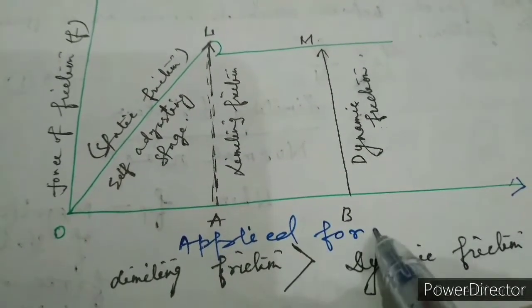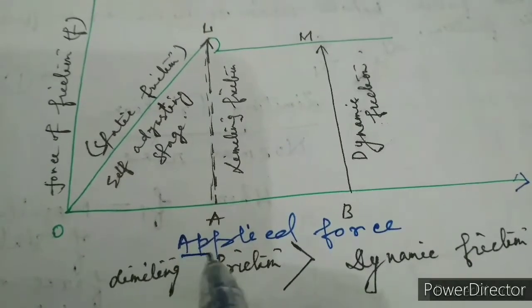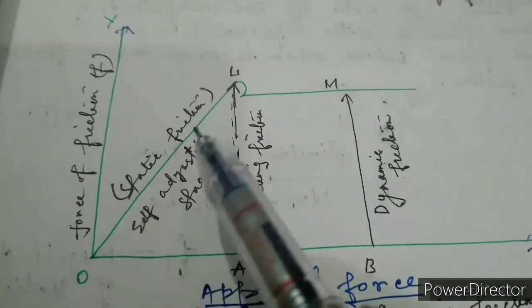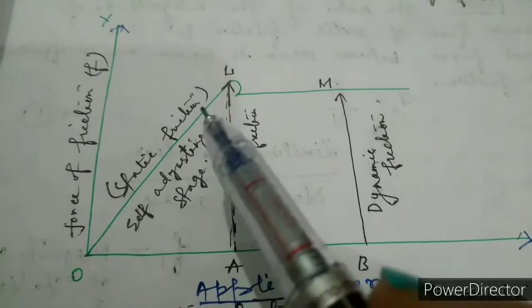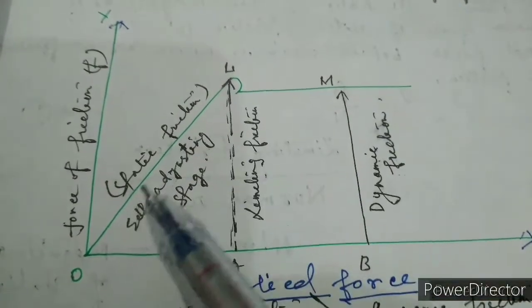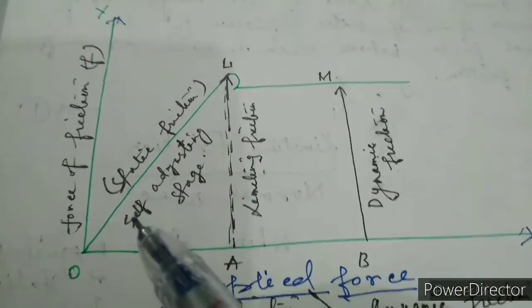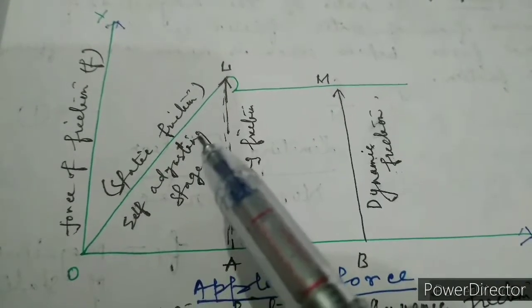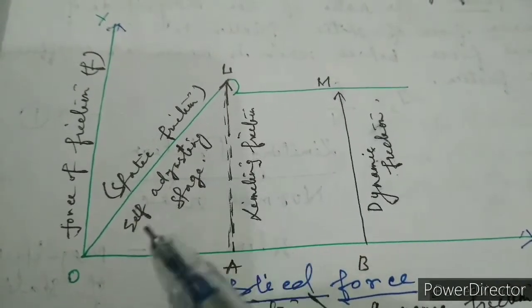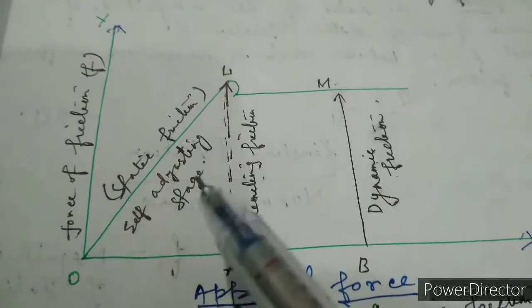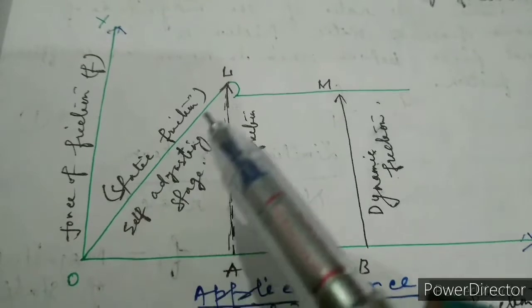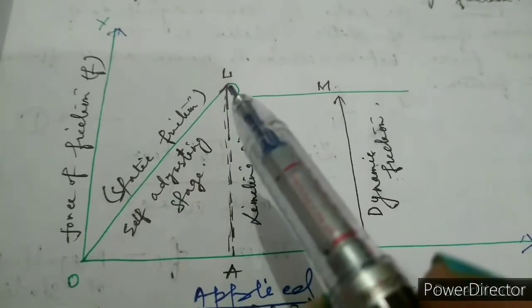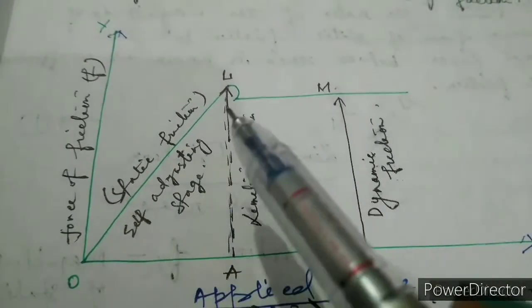Here in the graph, this is the value of the static friction, because static friction starts from 0 and slowly increases. And why this static friction is known as self-adjusting, that you also know. This is a self-adjusting stage, meaning as we increase the applied force, the friction is also increasing. So this portion is known as the self-adjusting.